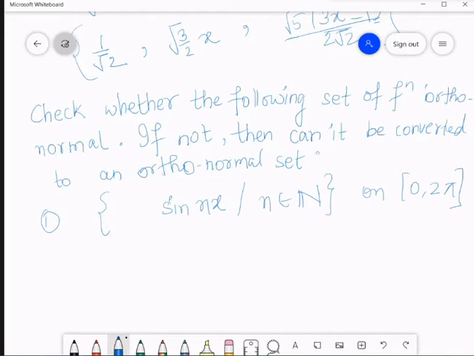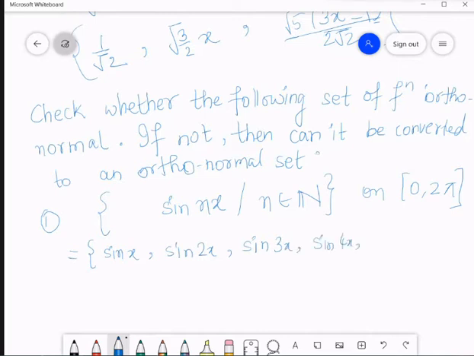So equivalently, this set is nothing but, if I put n equal to 1, what I'll get is sin x. If I put n equal to 2, then I get sin 2x. If I put n equal to 3, then I'll get sin 3x. What will be the next element? Sin 4x.